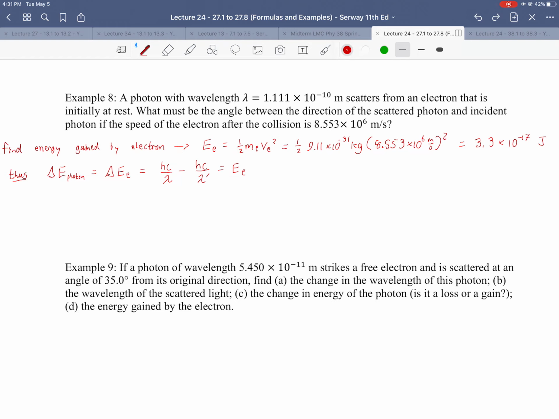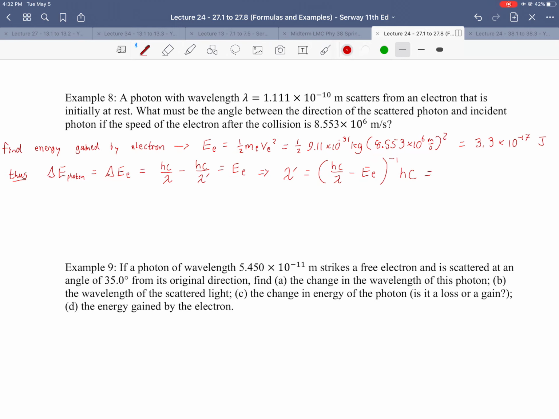All right. So I'm just going to solve for lambda prime, the new, longer wavelength of the photon. So lambda prime will be hc over lambda minus the final energy of the electron, to the -1 power, and then multiplied by hc.